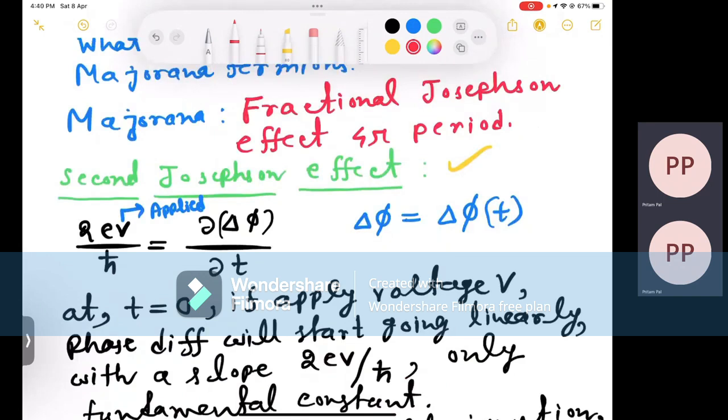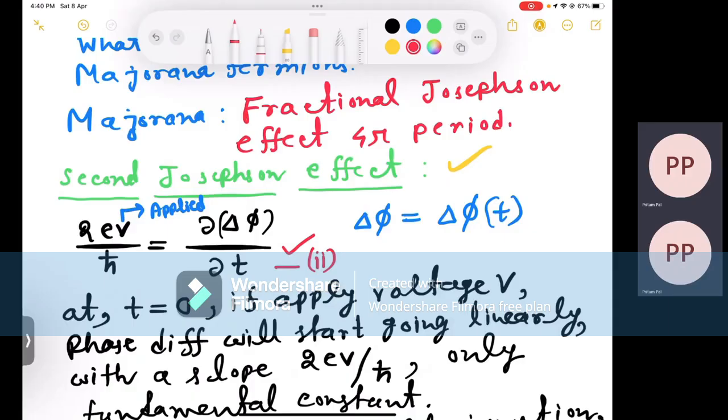So this is the equation that is here. It's called the second Josephson equation. You can see here is a time dependence, right? That's what makes this equation different from the first Josephson equation.